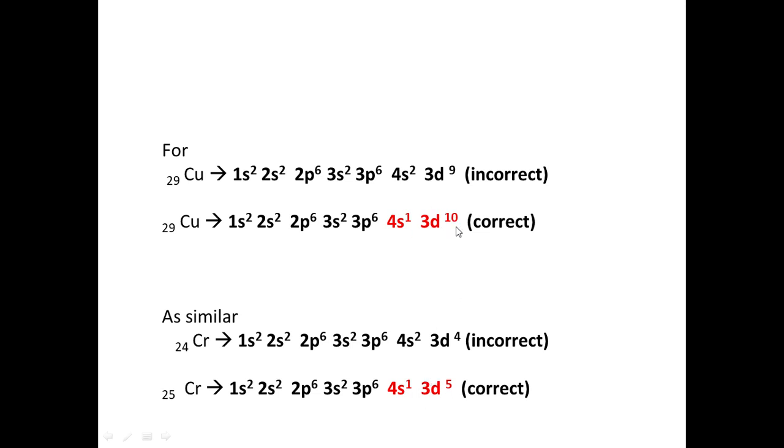While in the case of copper, it is a case of fully filled configuration. So to achieve the fully filled configuration, the configuration of copper is written as such. While in the case of chromium, to complete the half-filled 3d orbitals, we write the configuration in this manner. So it is considered to be the correct configuration. Okay. So this is all about these configurations.